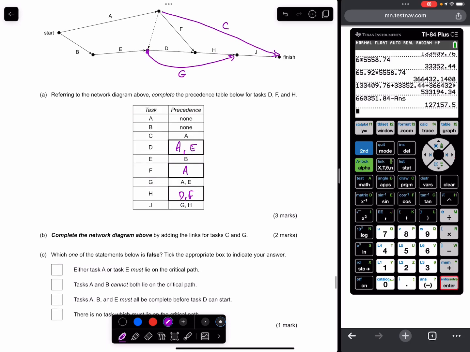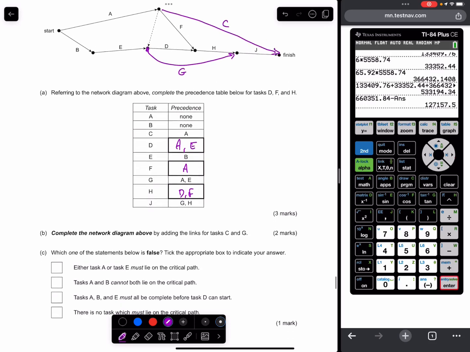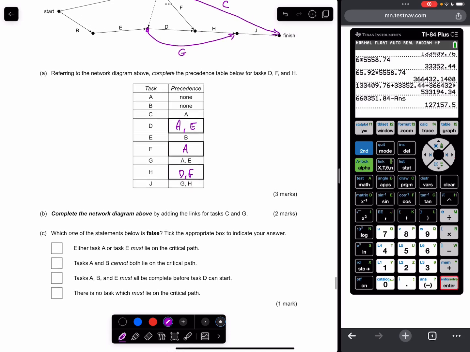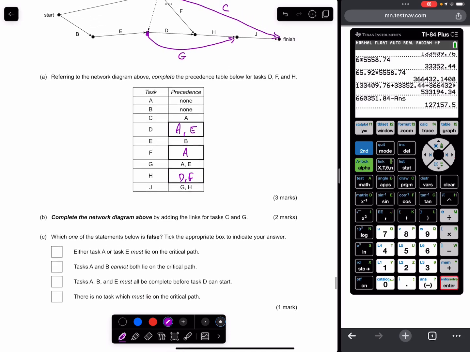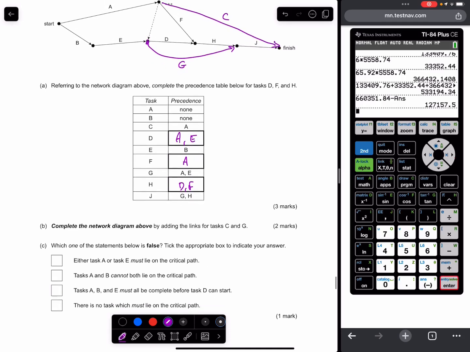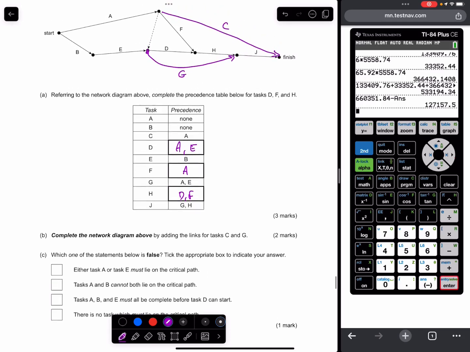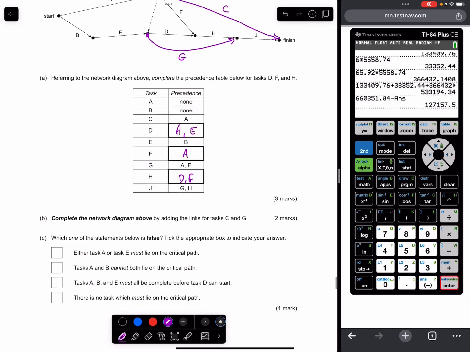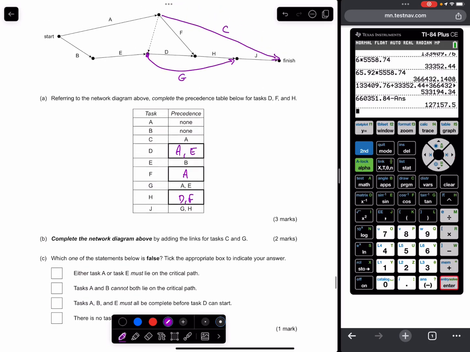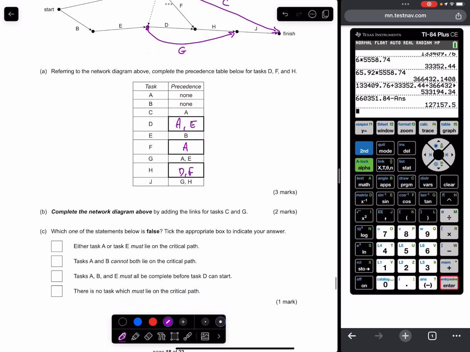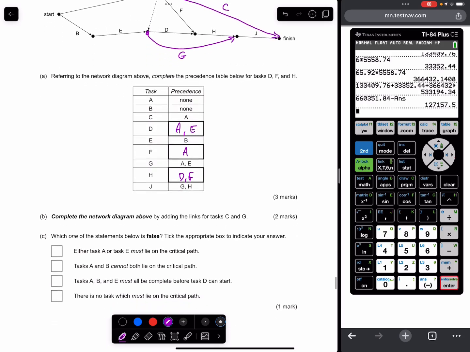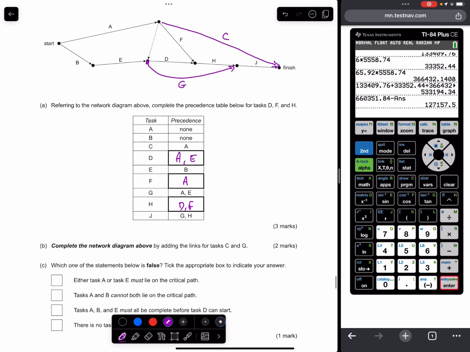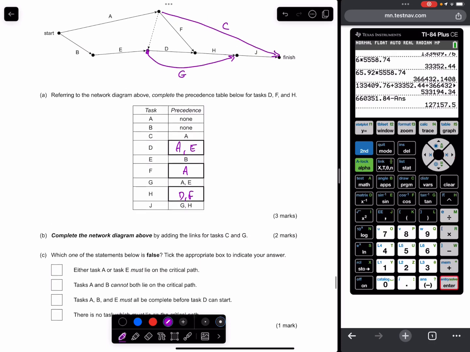That's possibly false. We don't know what the numbers are, so we can't make a judgment on that. Task A, B, and E must all be complete before task D can start. That's a true statement. There is no task which must lie on the critical path.